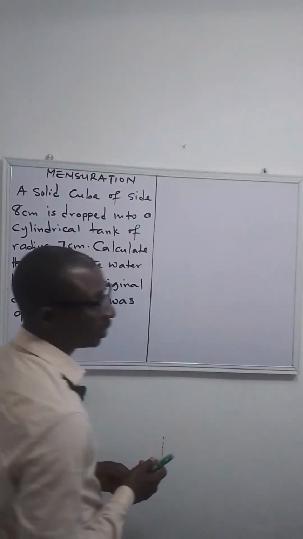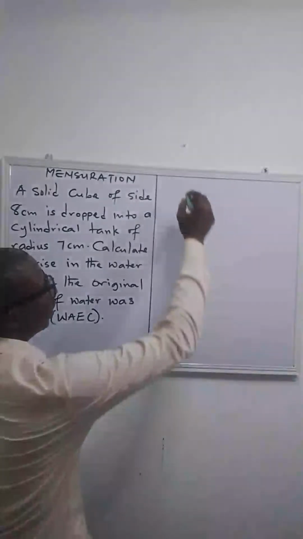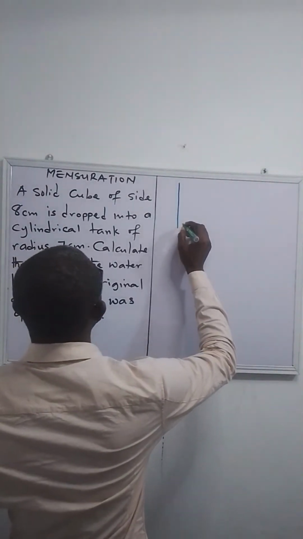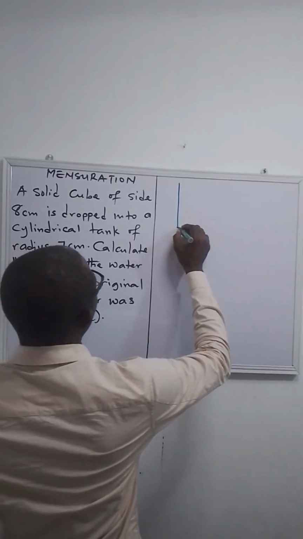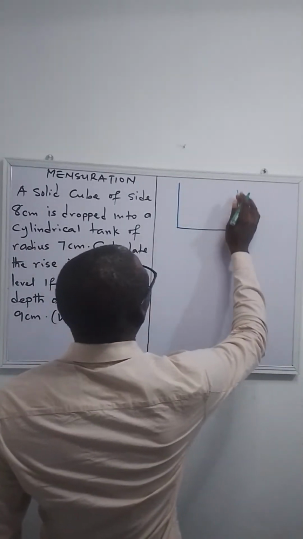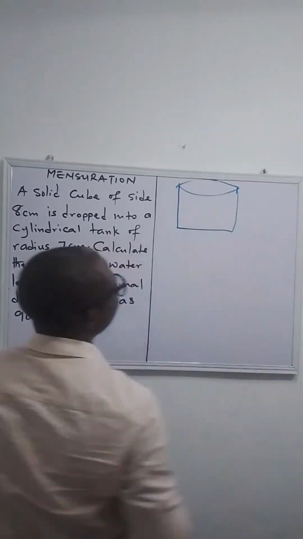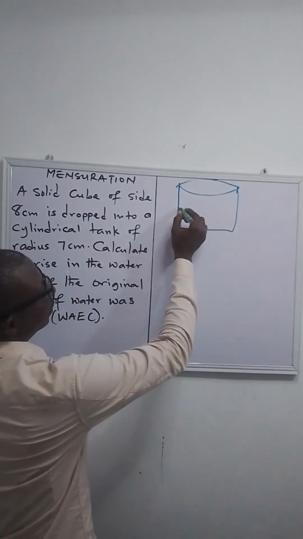Now, the first thing is to get the idea of the question. The question says we have a tank and it's cylindrical in nature. We have water inside.